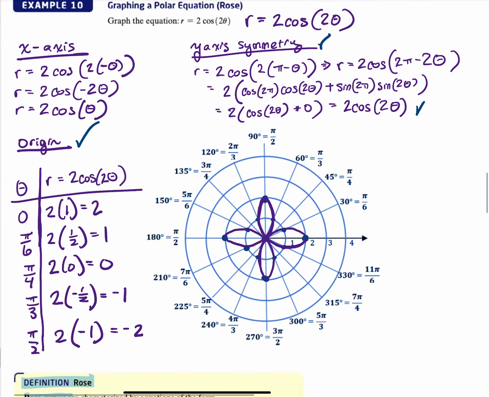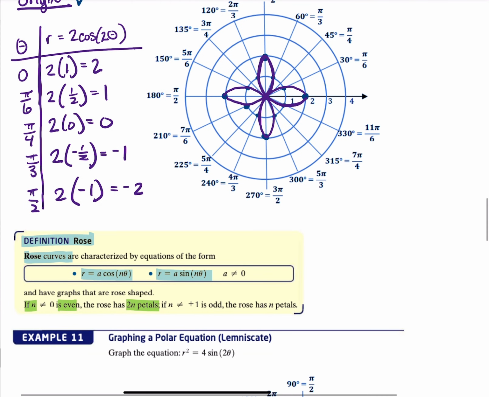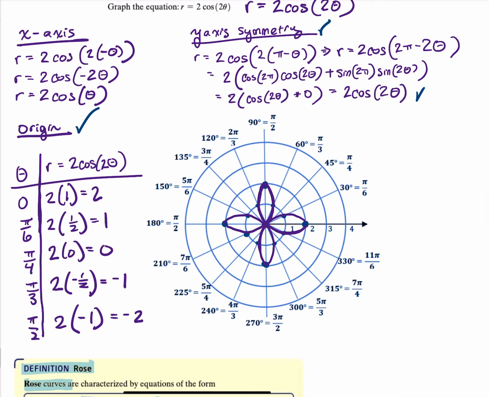So we saw that here, n was even, and our n value is 2, and we saw 4 petals here. And then it says if n is odd, then it has n petals. So if this had like a 3, we would see a curve that has 3 petals on it.